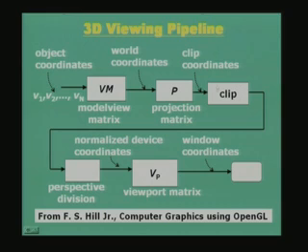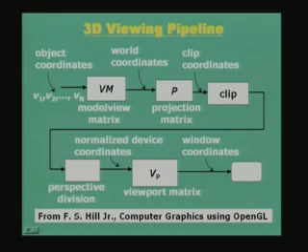Then you can have a clipping stage which will take the clip coordinates as input and pass the result on to the perspective division, and that will generate the normalized device coordinates. We talked about this canonical view, the normalized device coordinates, earlier, and then of course, we have the viewport matrix which will generate the window coordinates, and the output is written onto the device port.